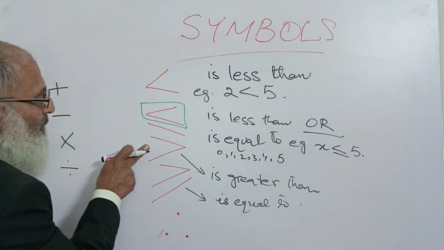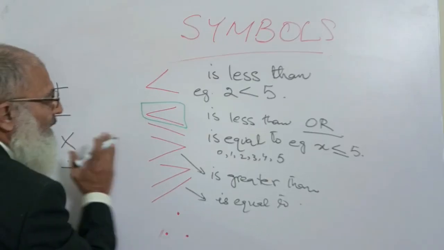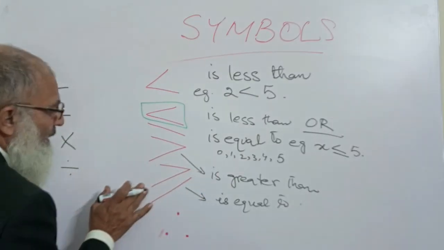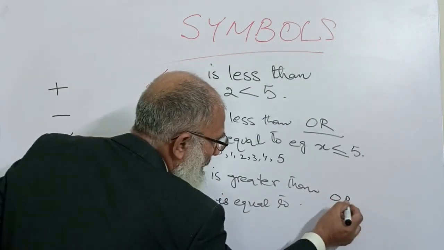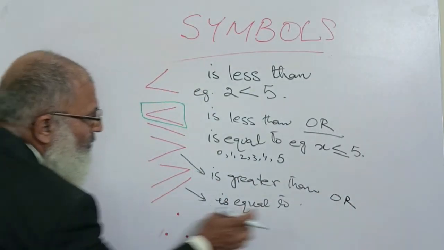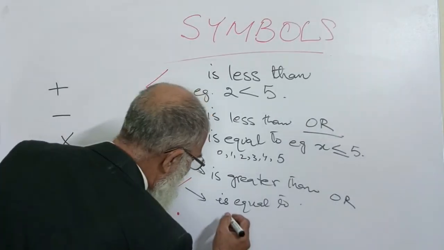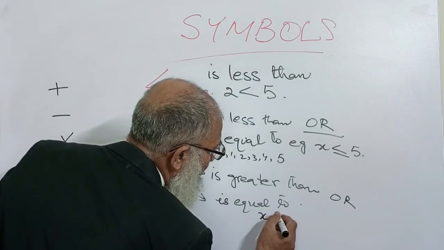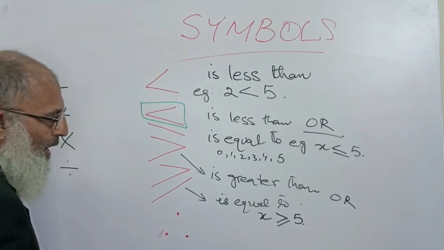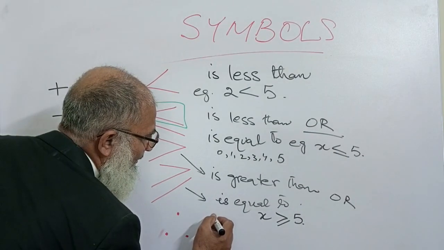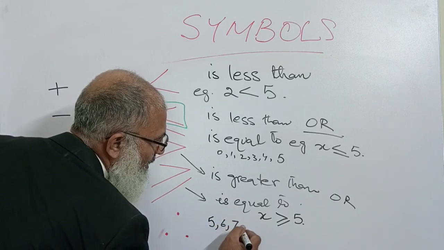So this symbol is greater than, that means the left hand side is greater than the right hand side, and this symbol also means greater than or it can be equal to. For example, x is greater than or equal to 5. That means x can be 5, 6, 7.